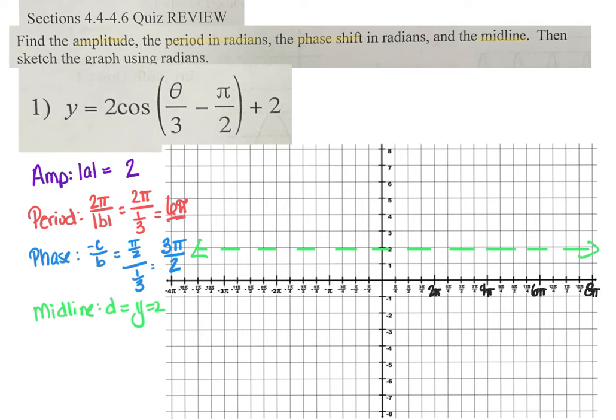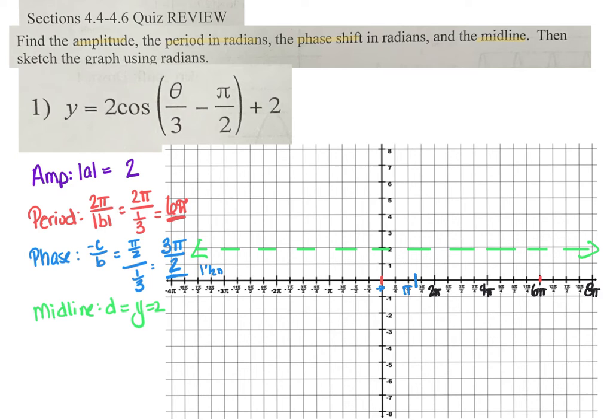So normally I have a period of 6 pi. Normally I would start at 0 and I would end at 6 pi. However, I have a phase shift of 3 pi over 2. That's like 1.5 pi. And so I need to move my starting point 1.5 pi, which would be about right here. So this is my new starting point.